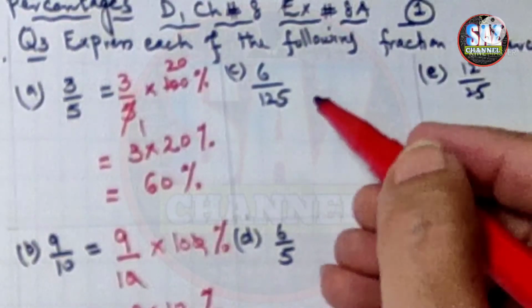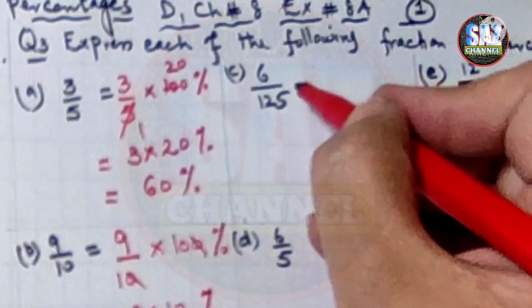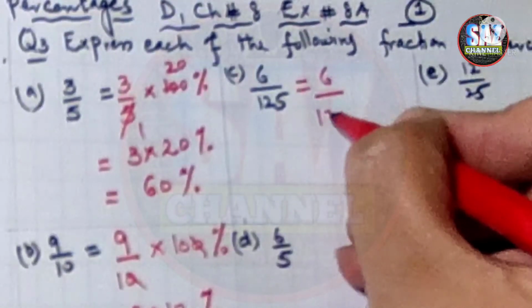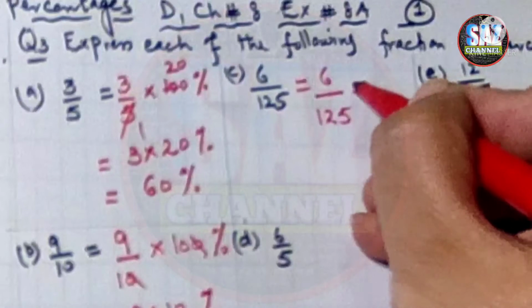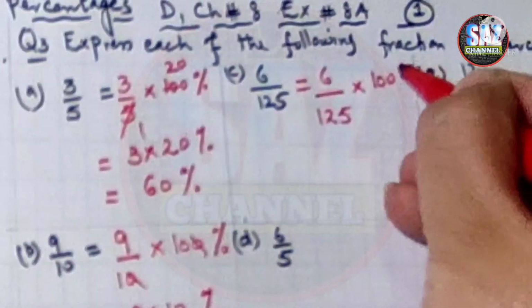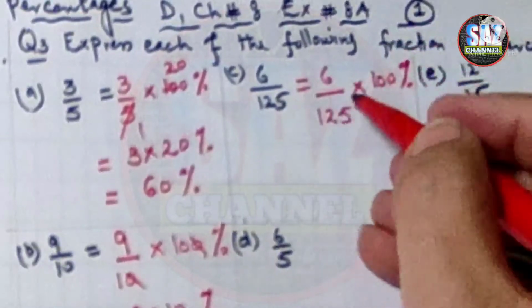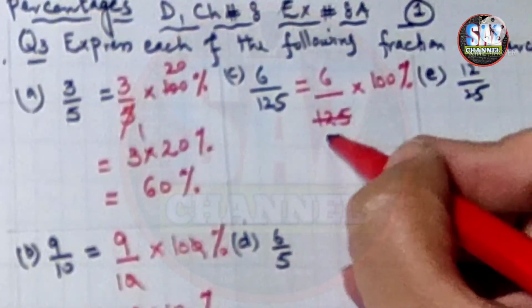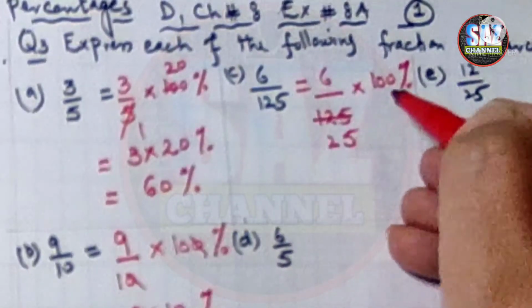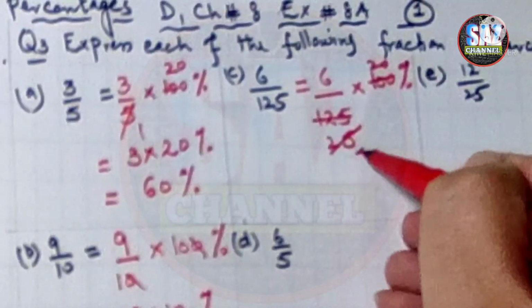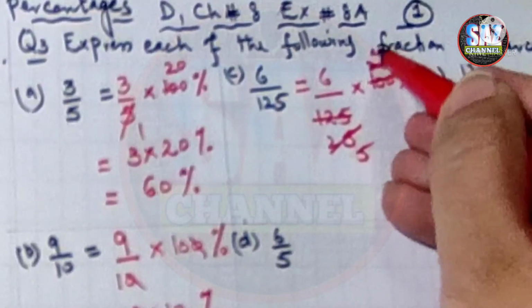Moving to the third part, 6 by 125. In order to turn this fraction into a percentage, I have to multiply it by what? 100%. Now read the table of 5.